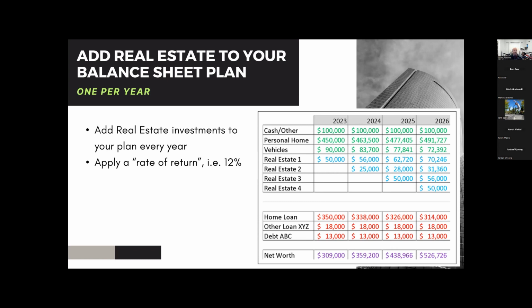So we're going to apply a simple, I'll call it conservative, rate of return, 12%, for example. And then as we go, we will continually focus on how I can tweak my P&L and my budget so that I can afford that real estate every year.